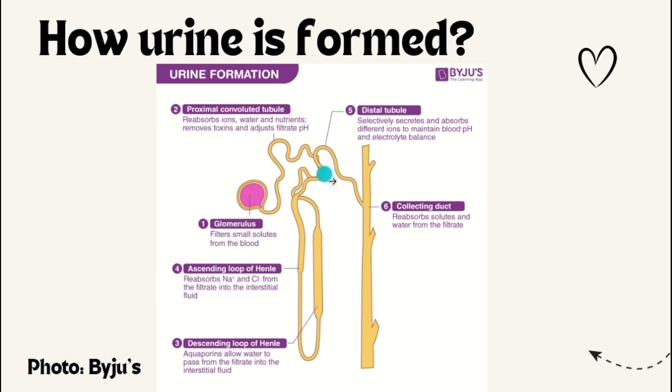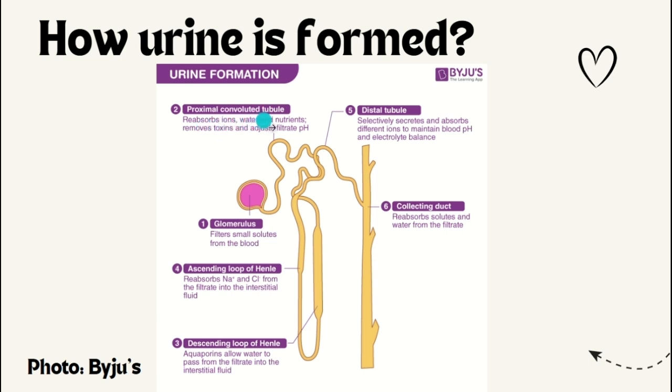And then the distal tubule is going to selectively secrete and absorb different ions to maintain blood pH and electrolyte balance, right? And then you have the collecting duct, which is going to reabsorb solutes and water from the filtrate, right?